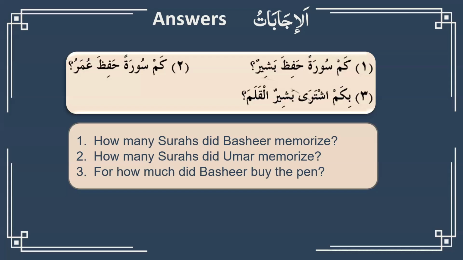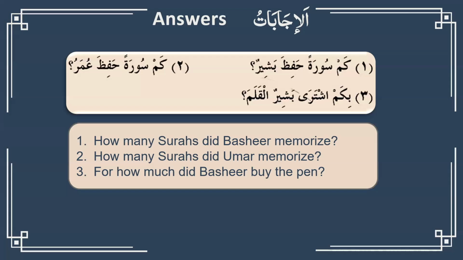And now the second one: Kam suratan hafiza Umar. Umar memorized two surahs. You can simply say he memorized two surahs. That's all you have to say. Excellent work. Now the last one: bikam ishtara Bashir qalaman?